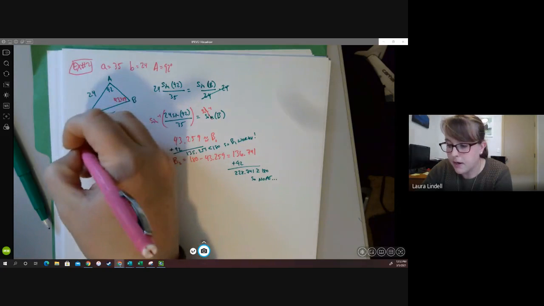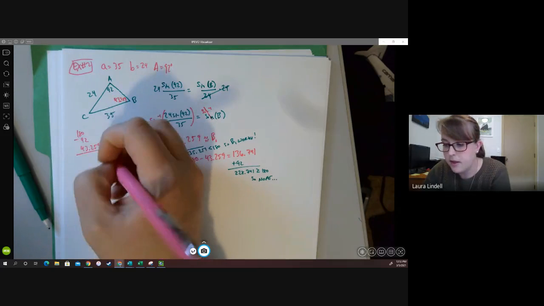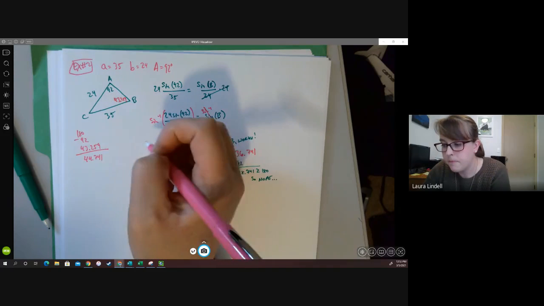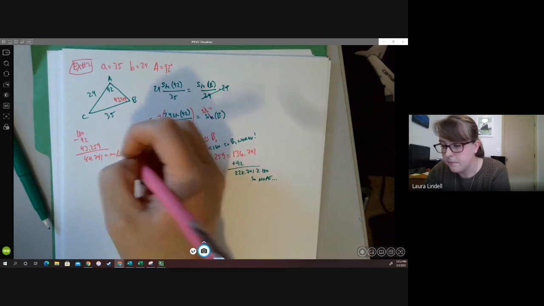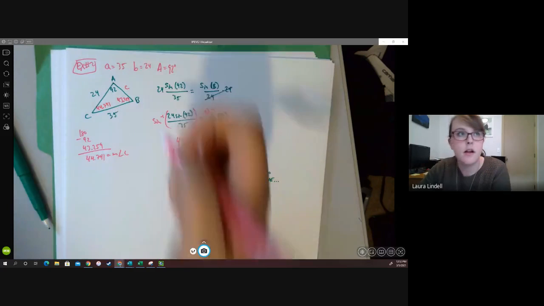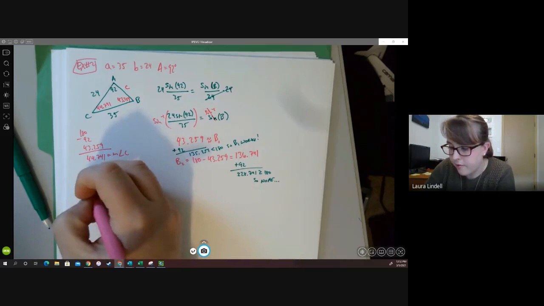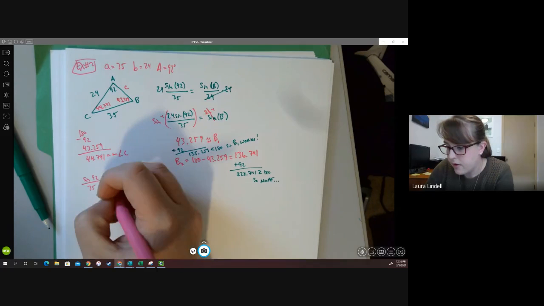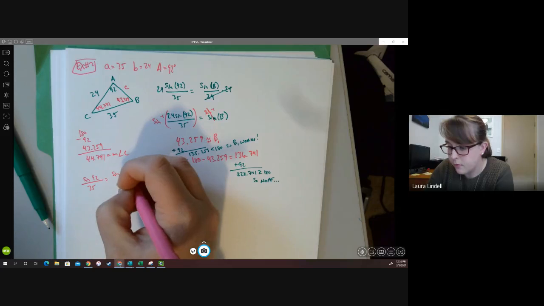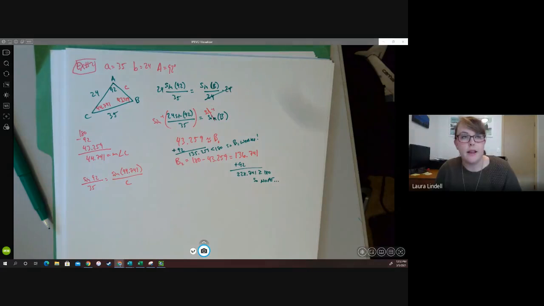So I'd go 180 minus 92 minus 43.259, and we get 44.741, which is the measure of angle C. Then lastly, I need to find the length of side C, which we can also use law of sines to do. We can take the sine of 92 over 35, and that's equal to the sine of angle C, which was 44.741, divided by the side length C.